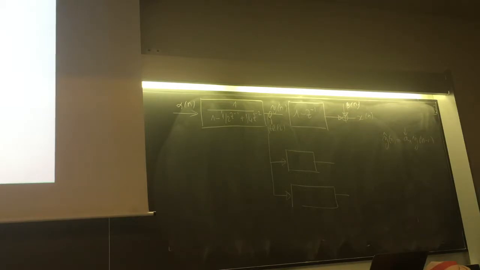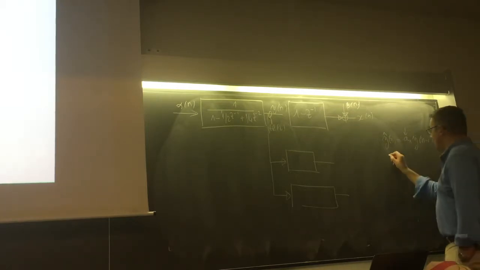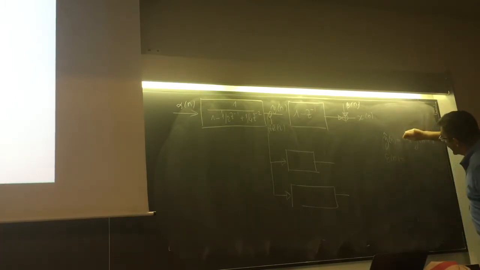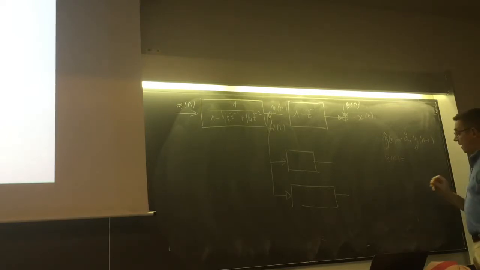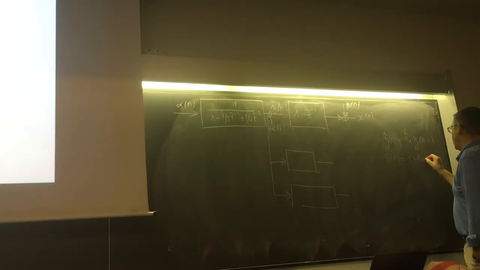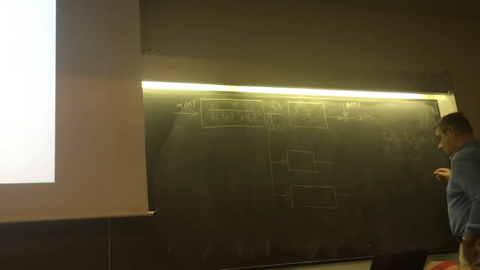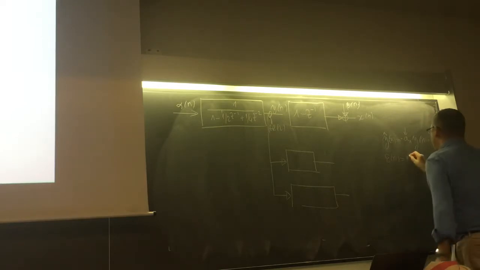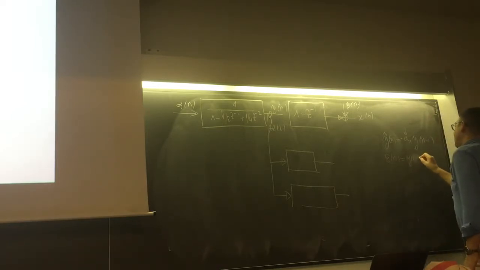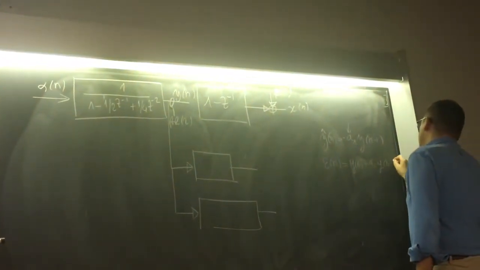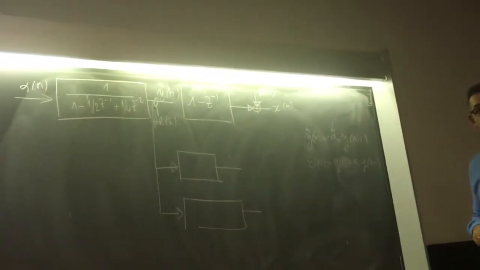Now the prediction error epsilon n is, as usual, put with the minus for convenience, equal to y n plus a1 y n minus 1. This is the linear predictor.